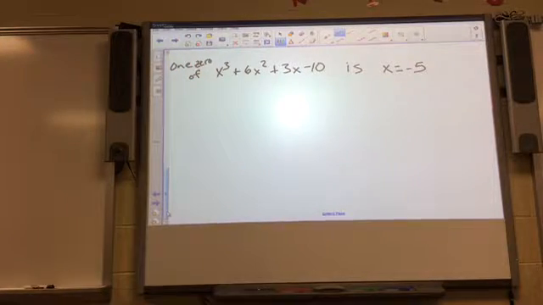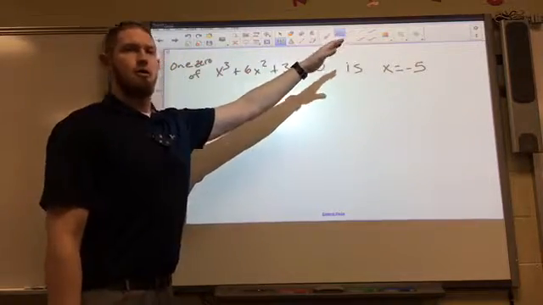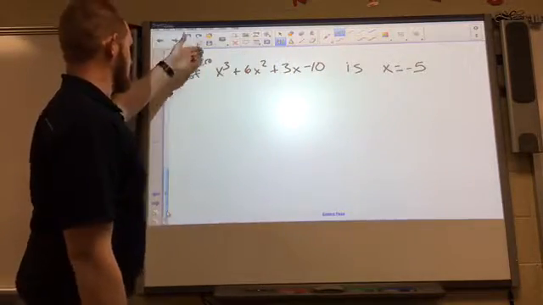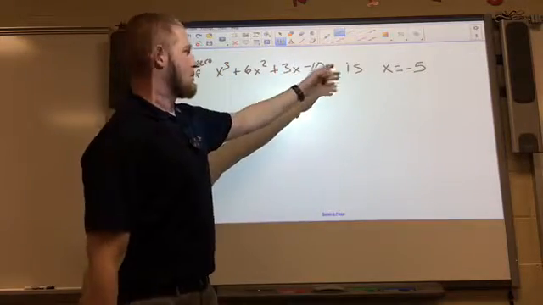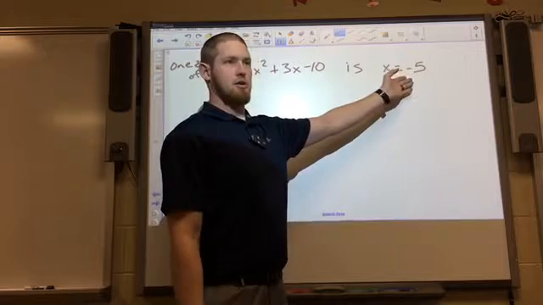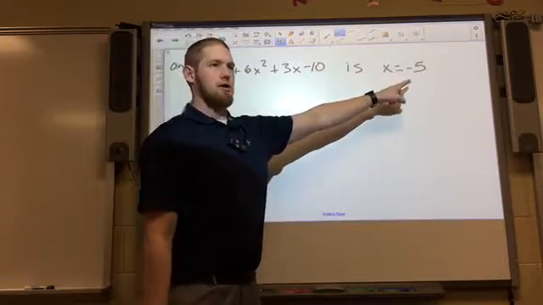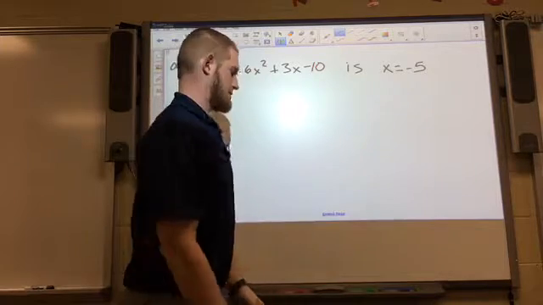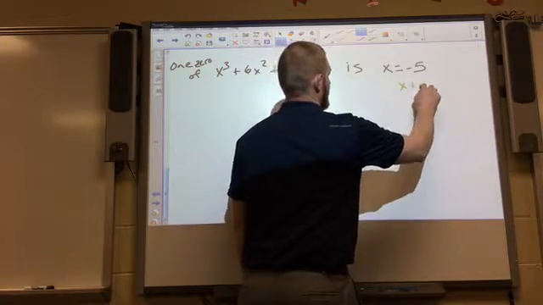Okay, so instead of showing you as before where they said f of blank equals 0, they're literally just saying 1, 0 of this function or of this polynomial is x equals negative 5. Okay, so what is one of my factors out of this? X plus 5. So one of my factors is going to be x plus 5.